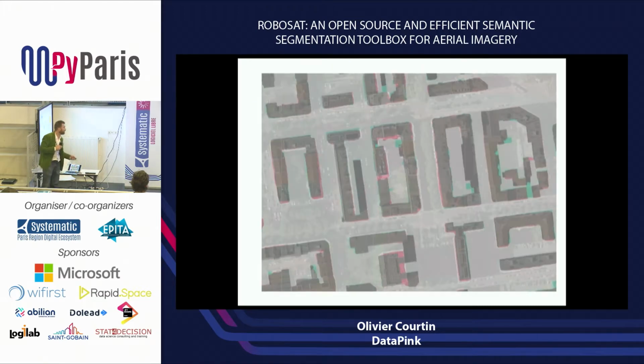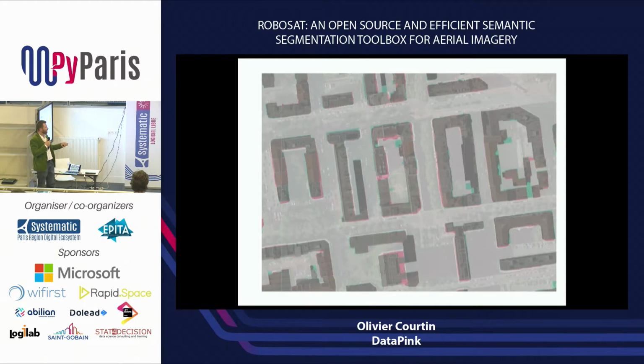So if we look here at the result, we've got in pink what has been found by the model, what has been predicted. And in green, it's the opposite. It's when the label said that there was something, but the model didn't predict it.